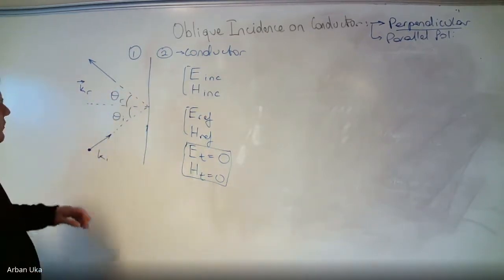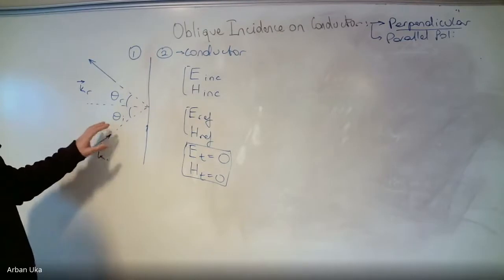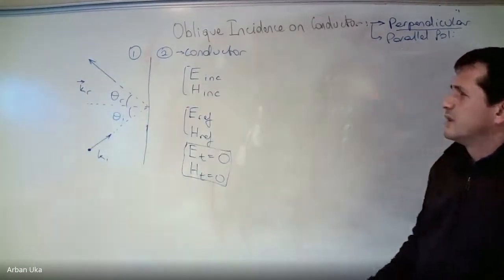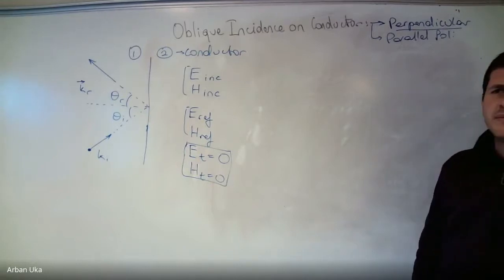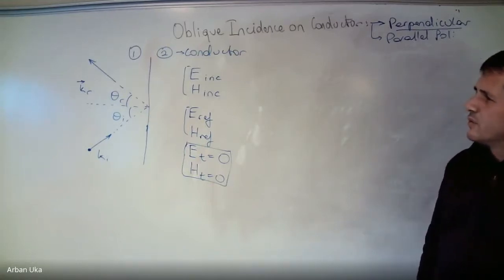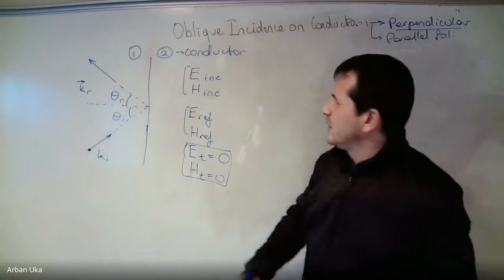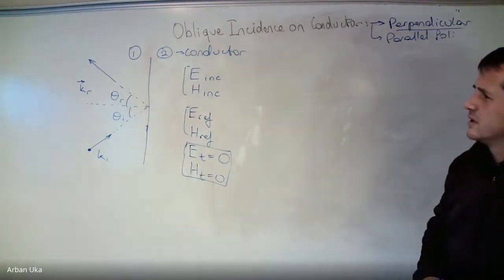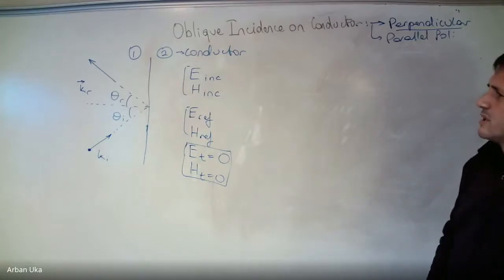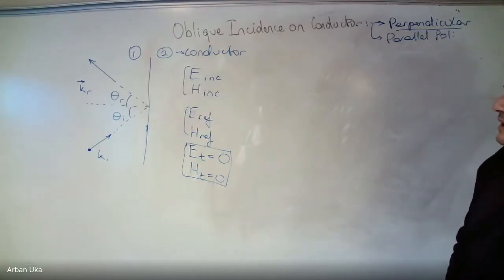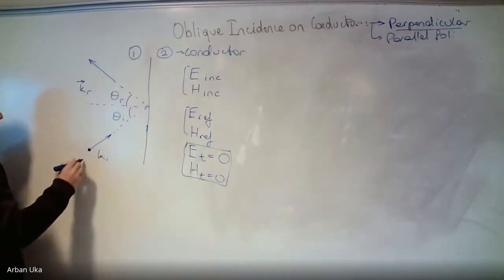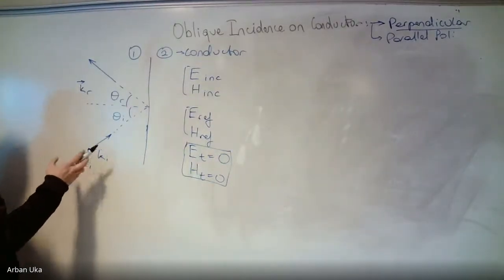But I believe so far we covered enough of incidence and reflection wave equations, especially when we did the incidence on a dielectric. We know that the incident angle will be equal to the reflected angle. But for the sake of generalization, we can keep that on the board as theta I and theta R.